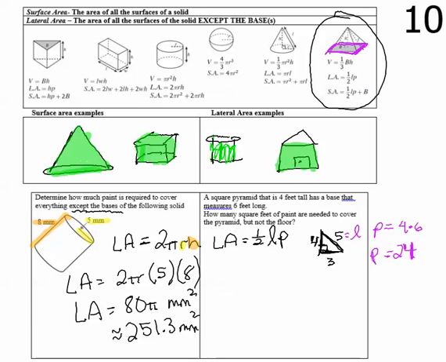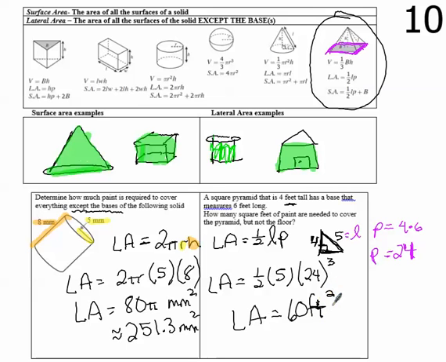So for lateral area, I've got everything I need. I've got a 1/2, that's a constant. I needed my slant height, found it. I needed my perimeter, found it. So let's figure out the lateral area: 1/2 times the slant height times the perimeter. Type it all in, and I'm going to get 60 for that. And it's feet, and it's area, so that means it's squared. 60 feet squared. All right, well, thanks for watching.